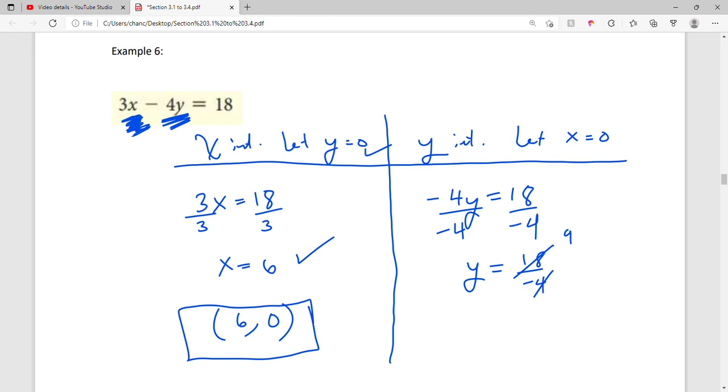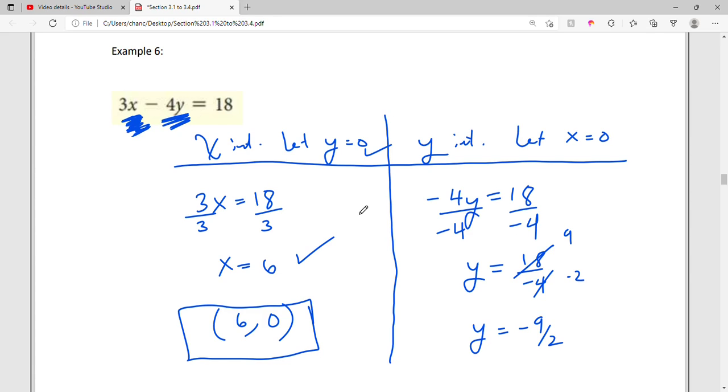And divide the bottom by 2, you get a negative 2. So this actually simplifies to negative 9 over 2, which is okay. Our y-intercept now is the point 0, negative 9 over 2. And that's our y-intercept.